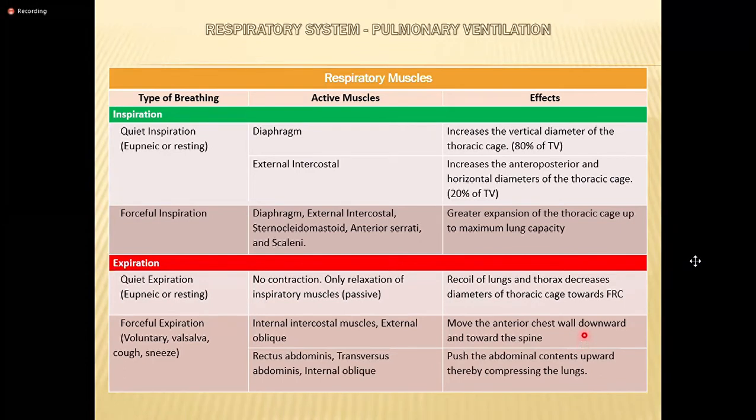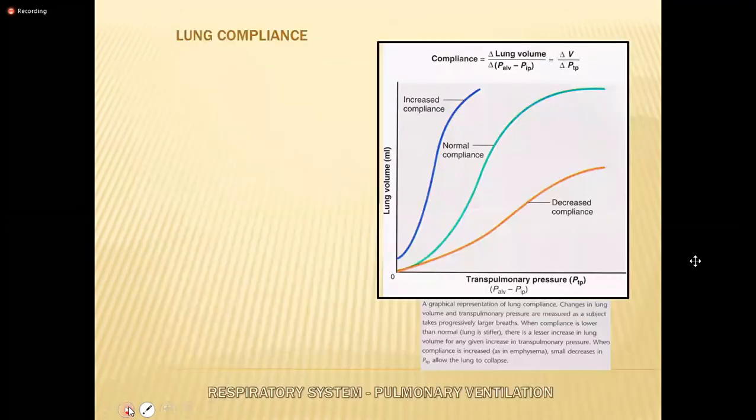With your rectus abdominis, it pushes the abdominal contents upward, thereby compressing the lungs. See? That is how the muscles come into play during the process of inspiration and expiration.